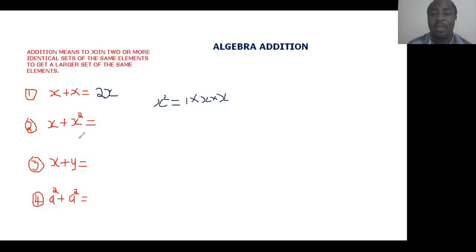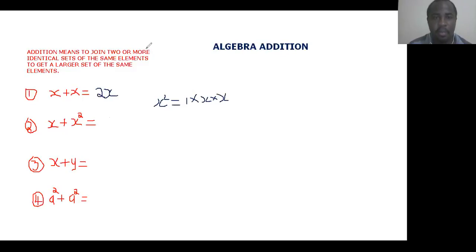Well, I would say to you that it's obvious, you can see that 1 times x is not identical to just x by itself. As a result of that, we would simply say that we cannot add these two together because they are non-identical sets, and we will therefore not be able to get a larger set of just the same elements. As we see, there are two different elements here, x and x squared. All right, so we say cannot be added.